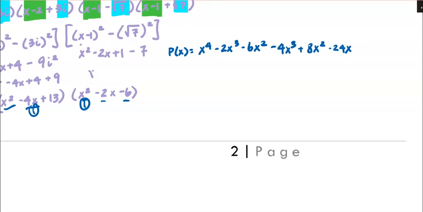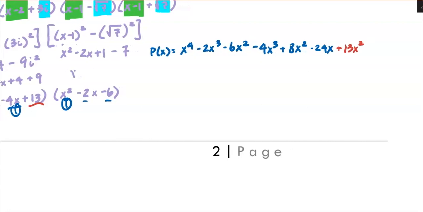Now let's do this one right here. That's going to be a plus 13x squared, minus 26x and a minus 13 times 6, 78, negative 78.